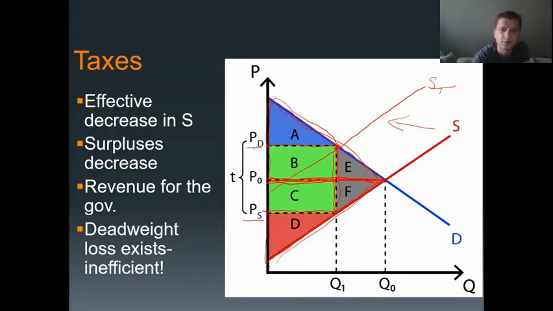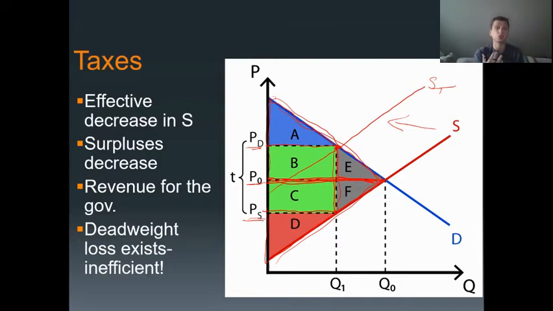If the difference between PD and your equilibrium price is greater than your equilibrium price minus the price producers receive, then your consumers bear more of the burden. If it's the opposite, then your producers bear more of the burden.